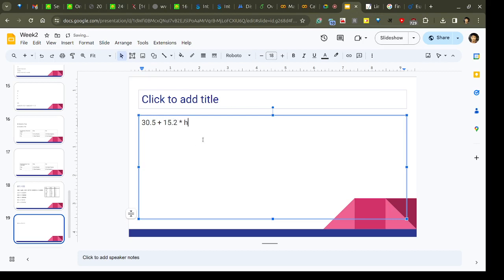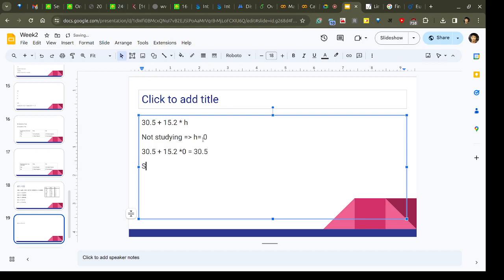Suppose someone is not studying, which means h equals 0, haven't even studied 1 hour. So in that case 30.5 plus 15.2 into 0, which is 30.5.